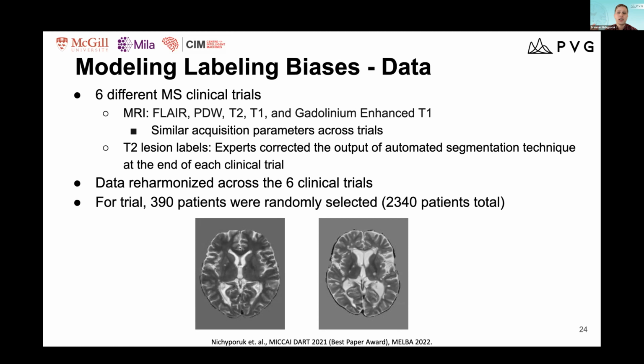I'll mention that I see I didn't put it on here, but every clinical trial included, on average, about 80 different sites. So we're quite confident that the differences between the trials are not due to site differences alone.